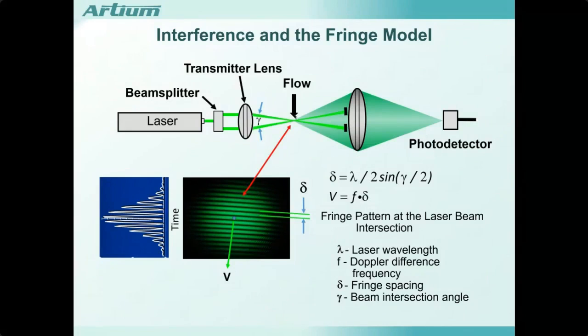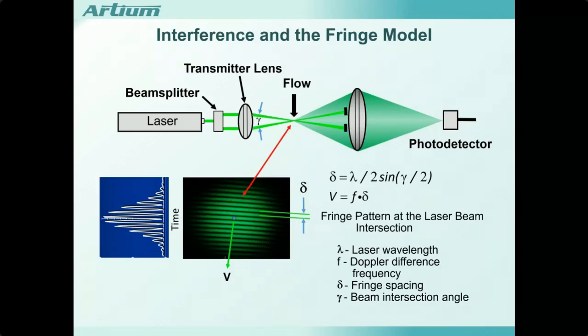At the crossover, we've actually photographed this interference fringe pattern by magnifying the sample volume and projecting it onto a distant wall, and that pattern shows the interference fringes, the bright where we have constructive interference, the dark, destructive, and so on.